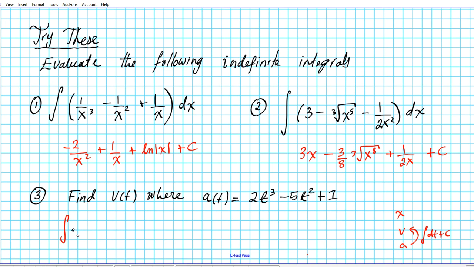So if you integrate your acceleration function, which is basically what the velocity function is, your answer is going to be t to the fourth over 2 minus 5t to the third over 3 plus t plus your constant c. Okay?